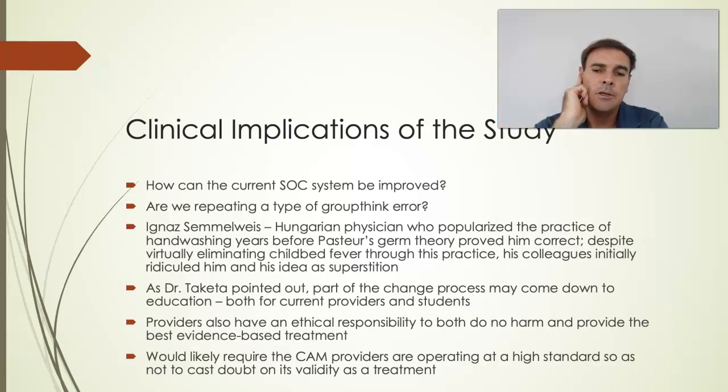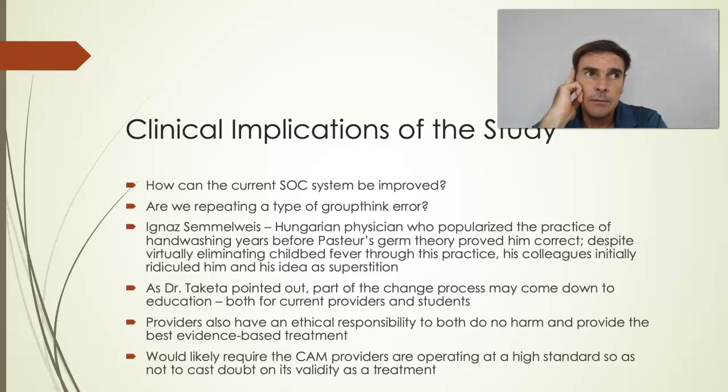He was the Hungarian physician who popularized the practice of hand washing years before Louis Pasteur's germ theory proved him correct. So that was predominantly through washing of hands before helping to deliver babies. And when he introduced this practice, the mortality rate for infant death at childbirth plummeted. He virtually eliminated the problem.